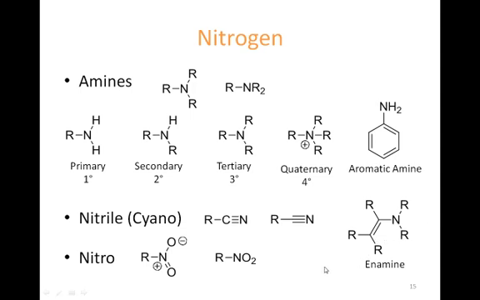It's quite cool. So if you have a nitrogen that is triple bonded to a carbon, you would call that a nitrile. Sometimes you'll see it called a cyano group. Either's fine. So if we don't draw the carbon out, that's what it looks like. And you've probably come across a nitro group as well.